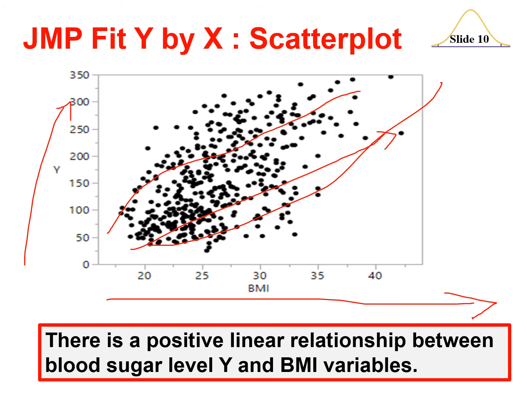So there is a positive linear relationship between blood sugar y and body mass index, but the relation is not perfect and not strong, because strong means the points are closer together. This is not strong, not perfect, but still there is a sense of positive relation.